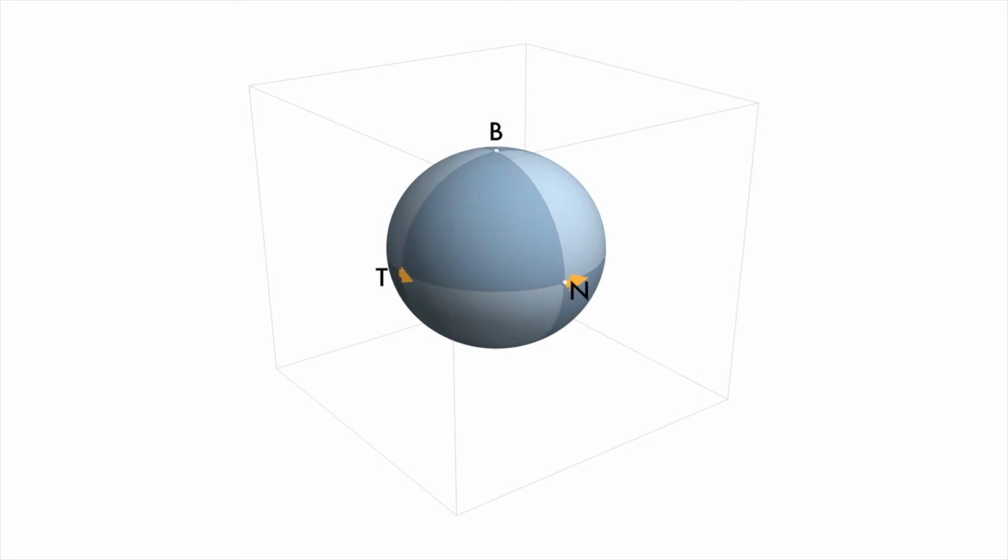On the other hand, if we rotate around T, we can see that N moves towards or away from B. It's moving in the B direction now. And of course, we can have more complicated motions. But in this one, notice that N is still in the TB plane. It just has a component in each of the two basis directions.